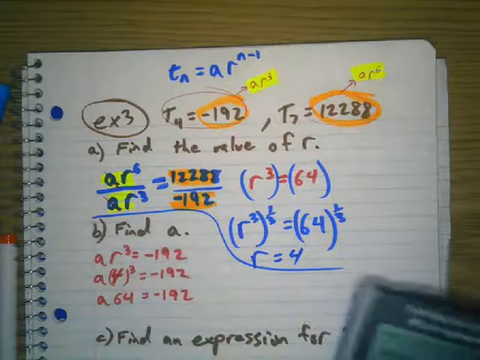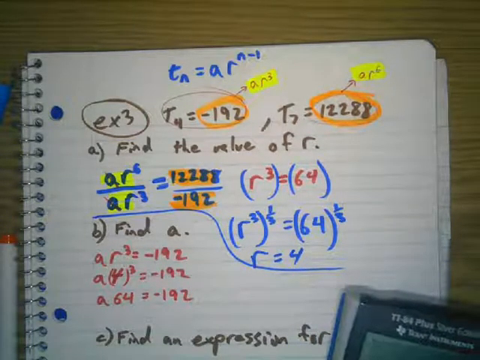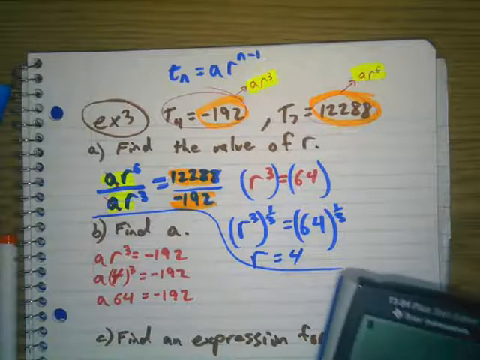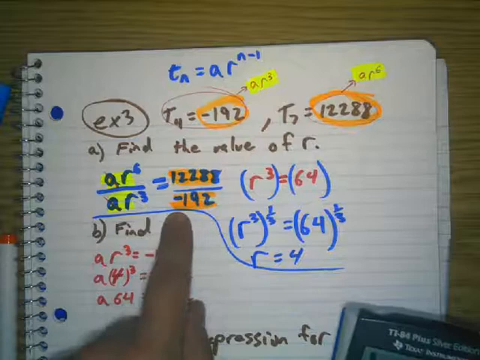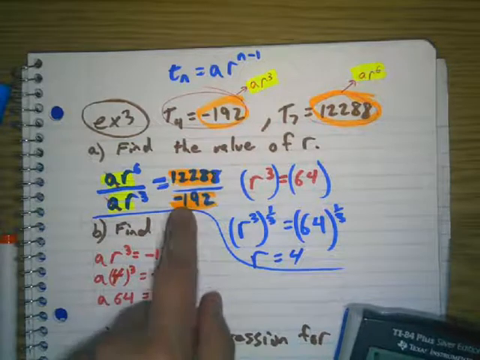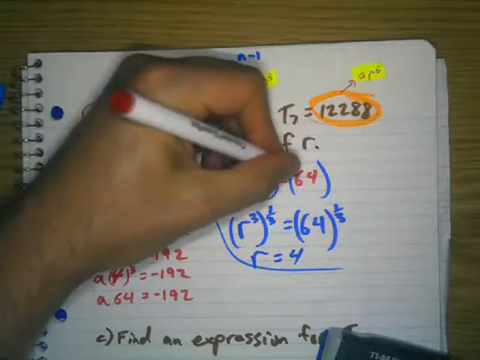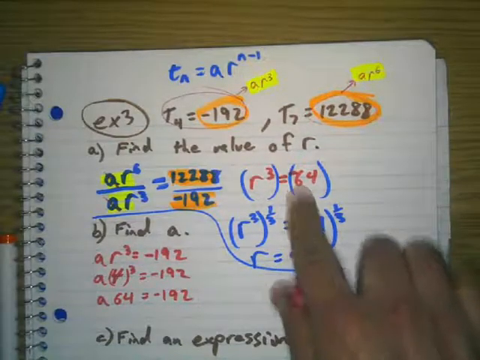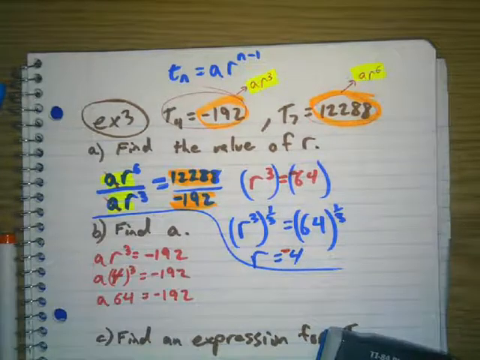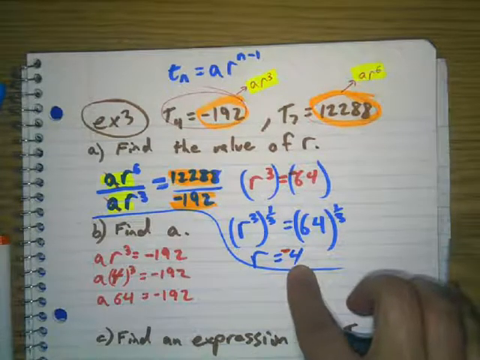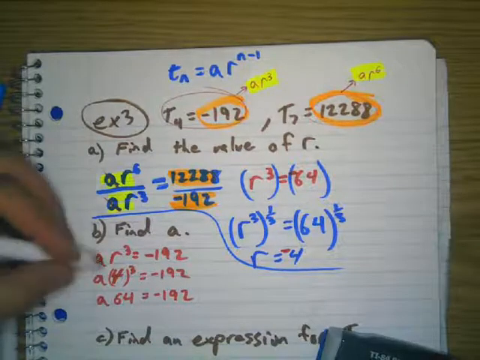And what do we get? Oh, I made a mistake here. Positive divided by a negative is going to give me a negative answer, isn't it? Negative 64. So this is going to be negative 4. So negative 4 times negative 4 times negative 4 is going to give me negative 64. r is negative 4.